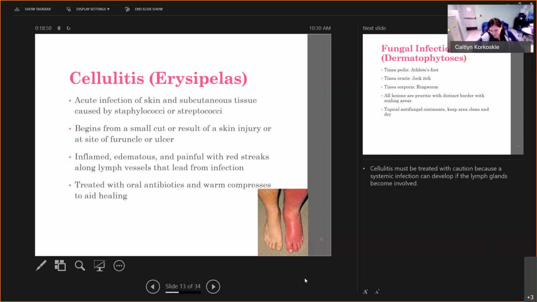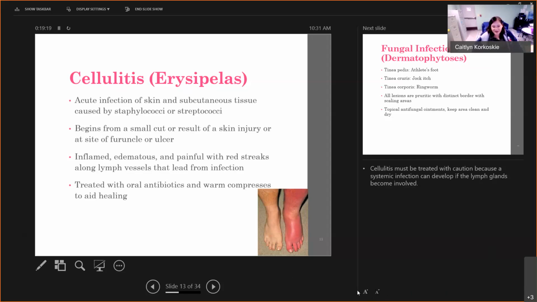But most of the time the cause is someone who had some sort of injury. It has to be really dry skin, to where it's cracking open a lot. I wouldn't say it's super common.